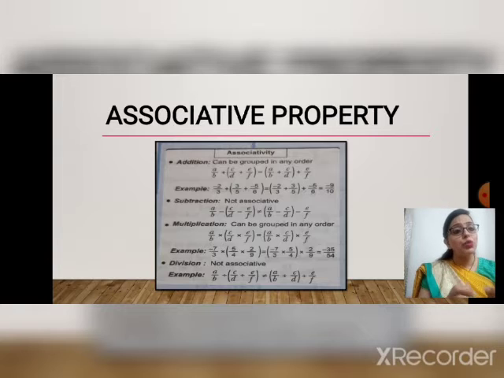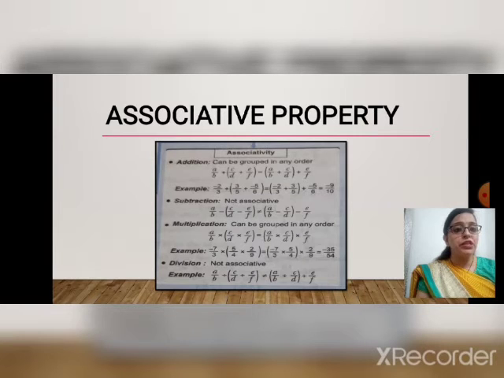So minus 1 and 1 cannot be equal. That's why in subtraction the associative property does not hold. I have told you previously, in the associative property there are two hands, one is LHS and another one is RHS. When both are equal, it means it is applicable.